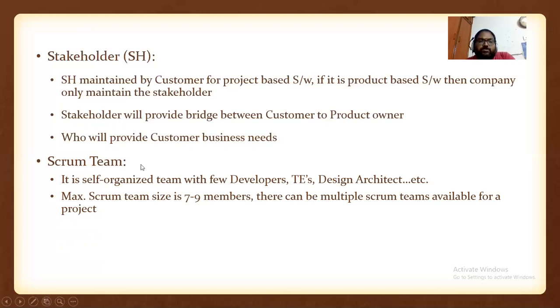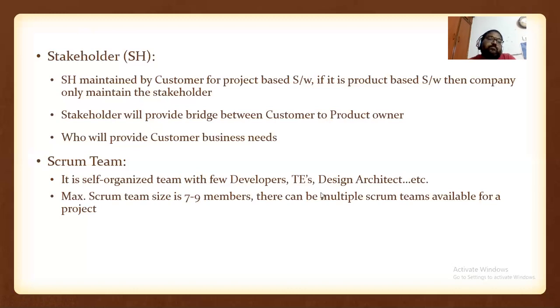Then the Scrum Master and the Scrum team. The Scrum team is a self-organized team with a few developers, test engineers, and a design architect. Nowadays, in place of the design architect, to reduce team and resource cost, we find the Scrum Master. The design architect would be there in place of the business analyst; in place of the business analyst, we find the Scrum Master.